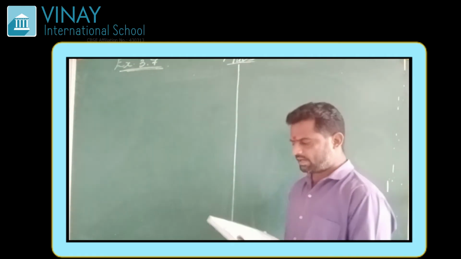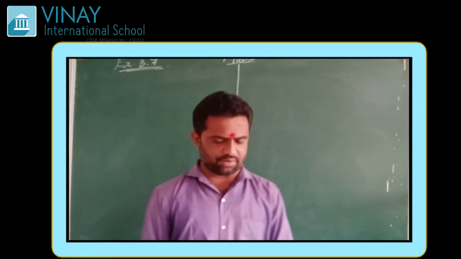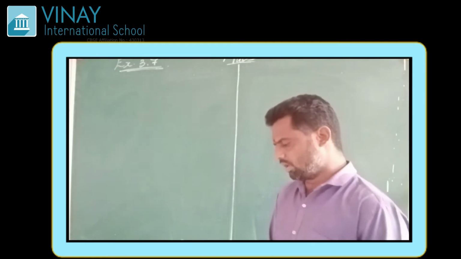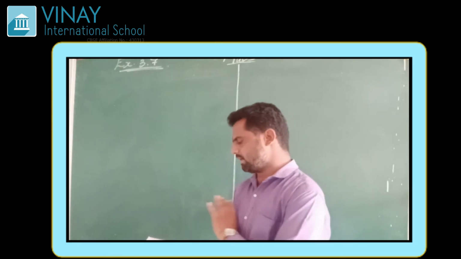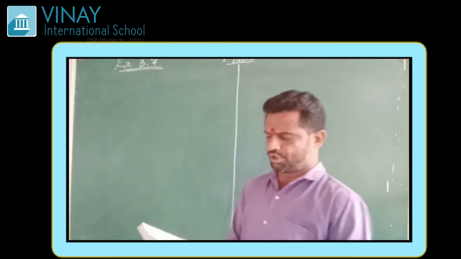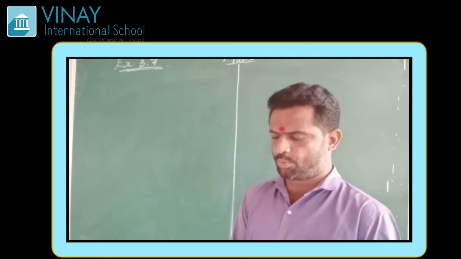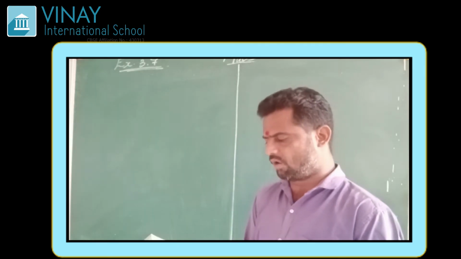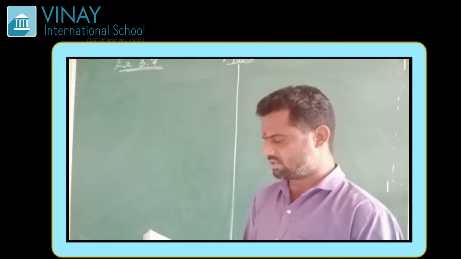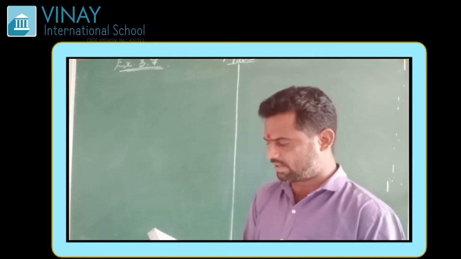Now let us begin exercise 3.7. In exercise 3.7, we are going to solve the problems related to HCF and LCM. See, question number 1 is, Renu purchased 2 bags of fertilizer of weight 75 kg and 69 kg.